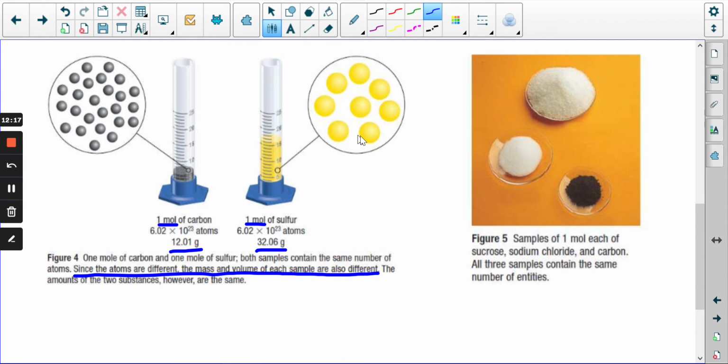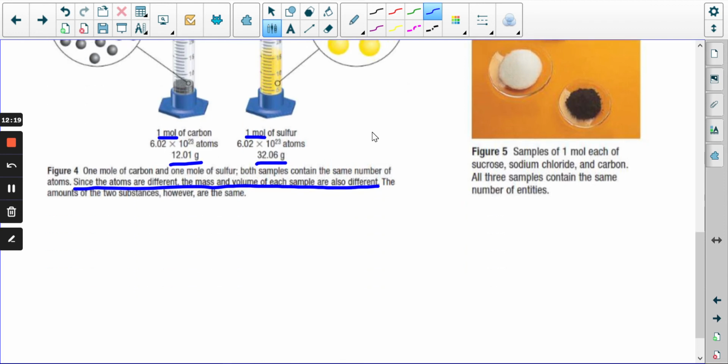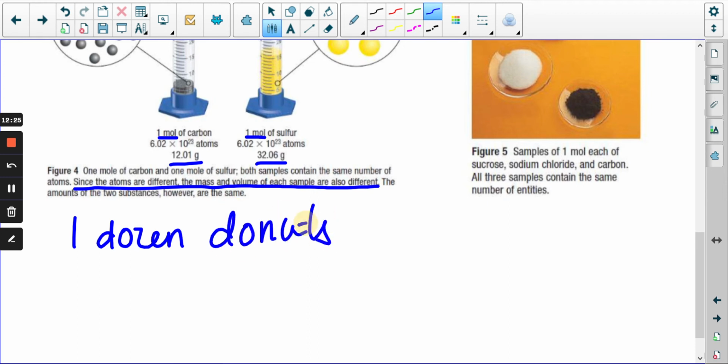Here's another example. If I described 1 dozen donuts, 1 dozen donuts, it would be representative of 12 donuts. That's a common way that we can count that. But what if I wanted to count, let's say 1 dozen grains of sand?